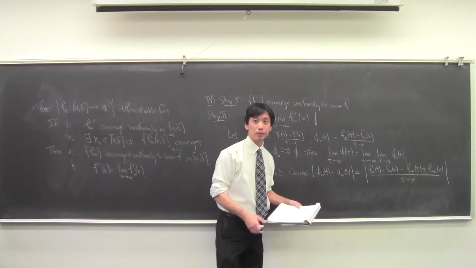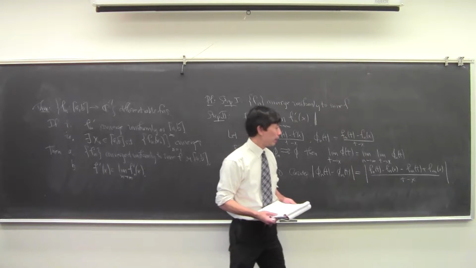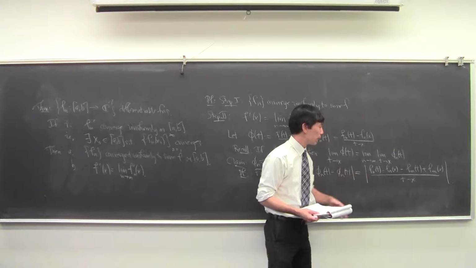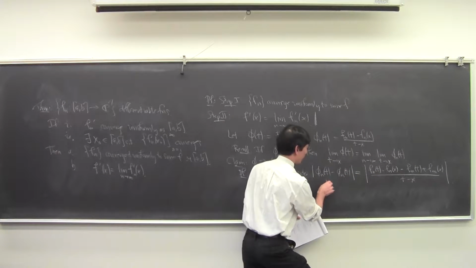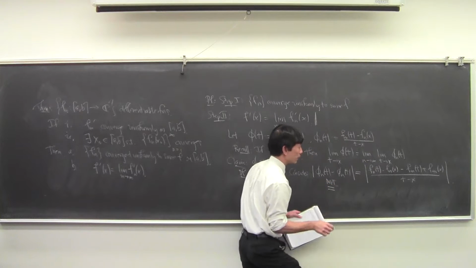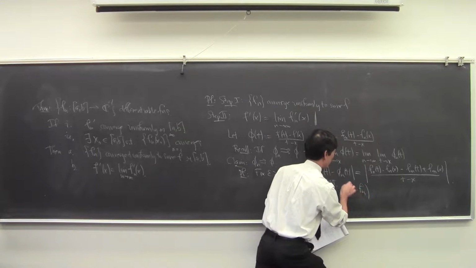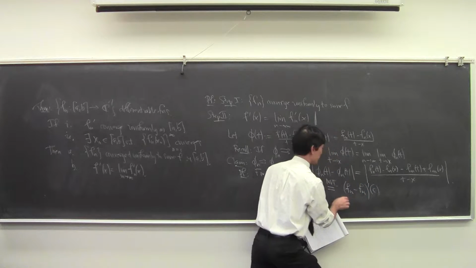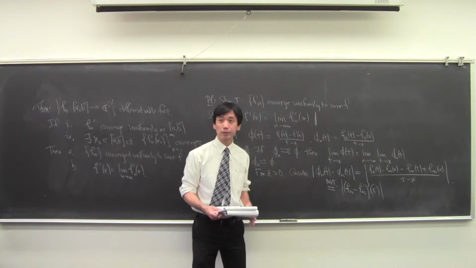That's just the definition. But we can control the size of this using the mean value theorem. By the mean value theorem, this equals fn minus fm prime at some c, for c between t and x.